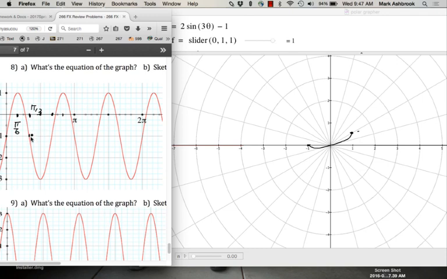So it's going to do this and reverse, but when we get to pi over 3, now we're going to be back at -1 here. So it's going to do symmetrically what it did here, between pi over 6 and pi over 3.